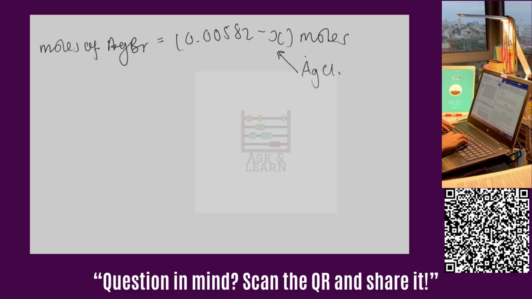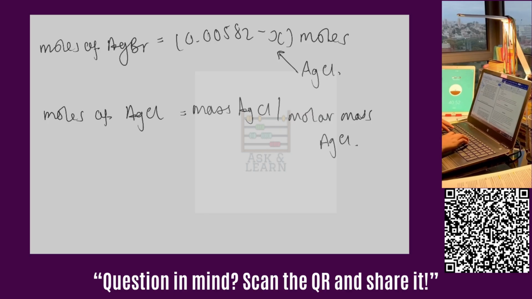So our moles of AgCl is calculated with the mass of AgCl divided by the molar mass of AgCl, then we rearrange for the mass of AgCl, which is what we're trying to determine, which is 143.32 x mole.